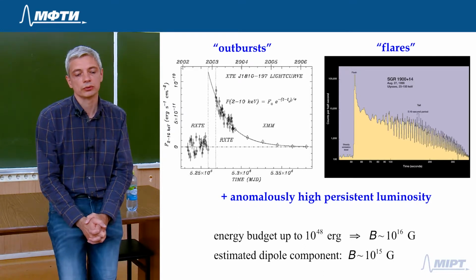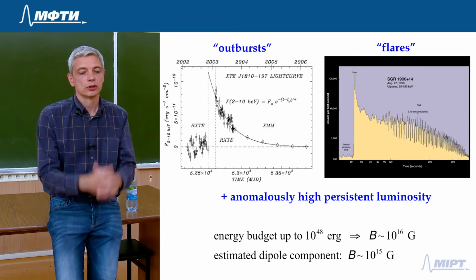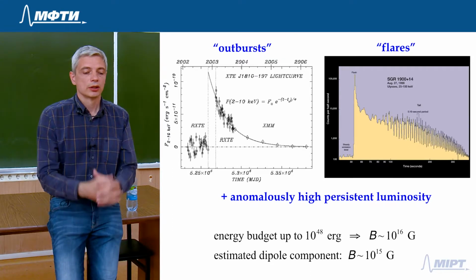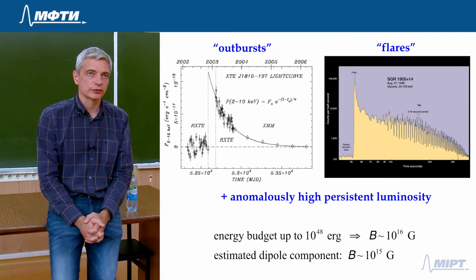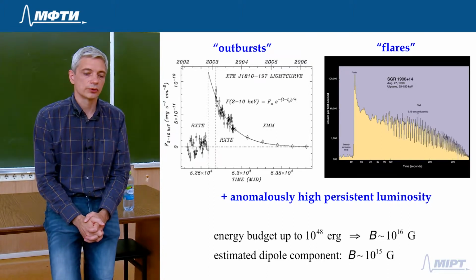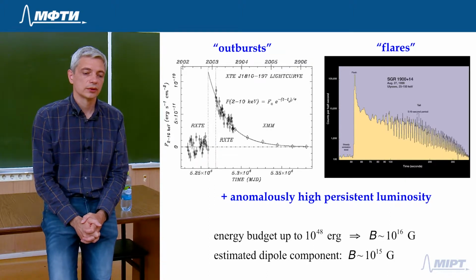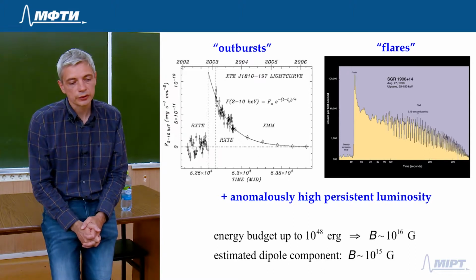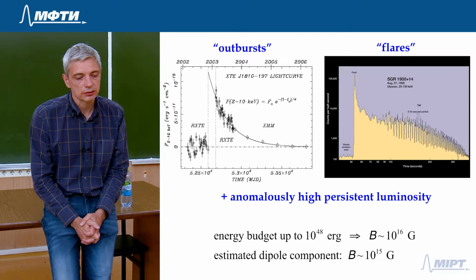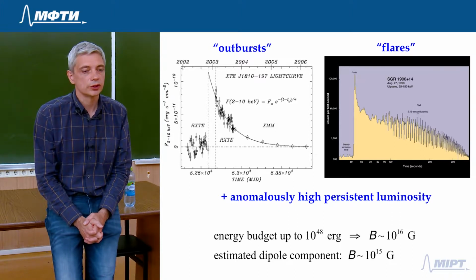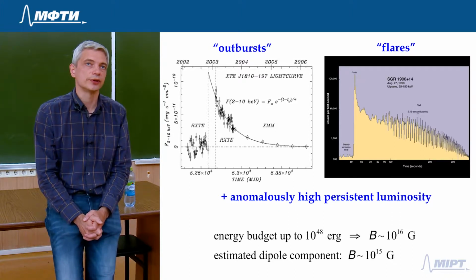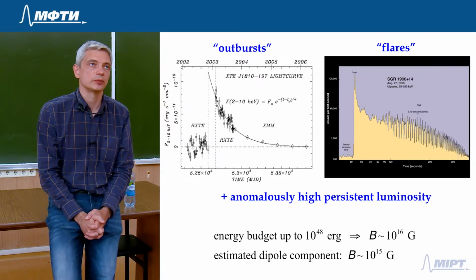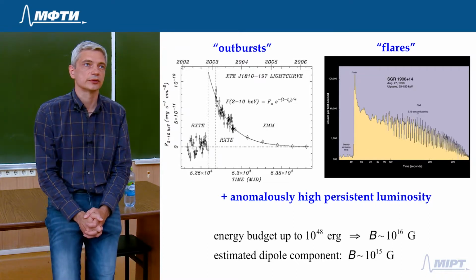It's very simple. You know the volume of the star, which is r cubed. R is 10 to the 6 centimeters, so the volume is 10 to the 18th. Then you take 10 to the 48, divide by the volume, get the energy density, and equate this energy density to B squared over 8 pi. That's how you find the magnetic field.